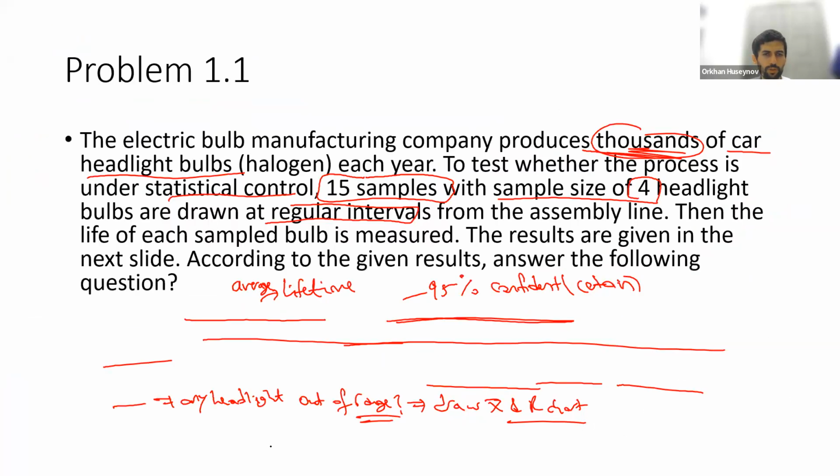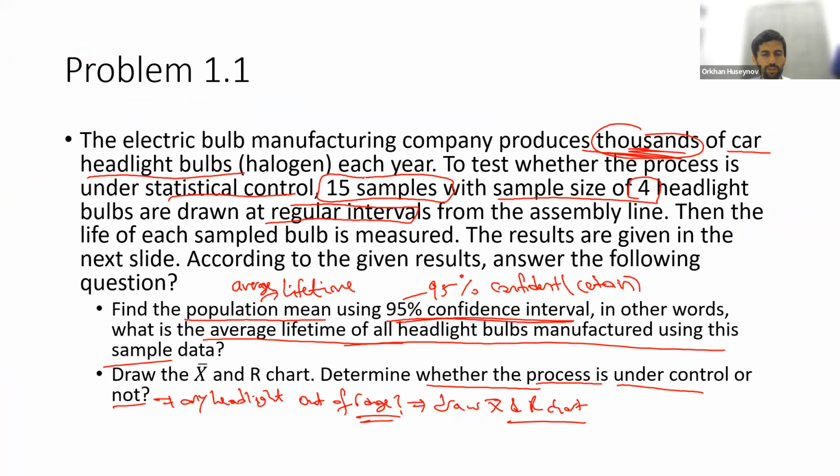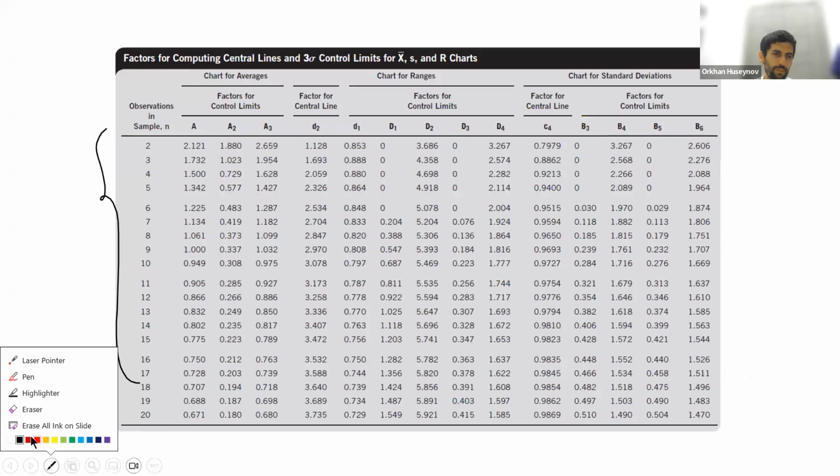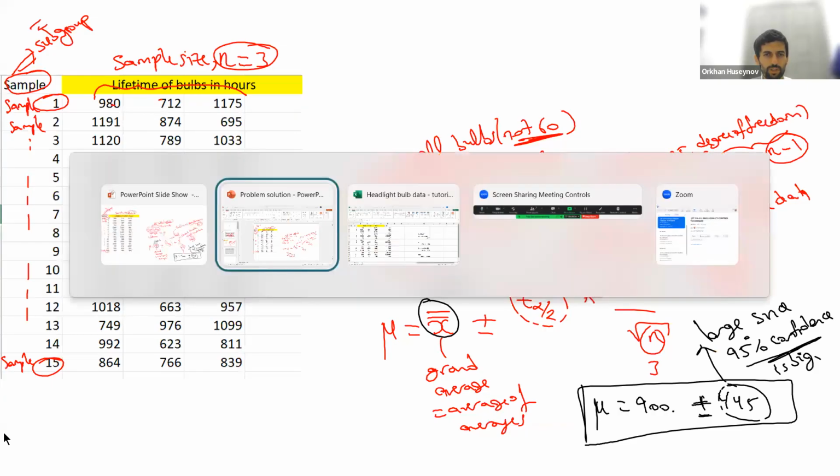The second part of the question says that determine whether the process is under control or not. So let's do that one. So for this one, I will use the chart that we had from our previous lecture. Same chart here. And then for this one, let's go to Excel again and then start with the Xbar chart.